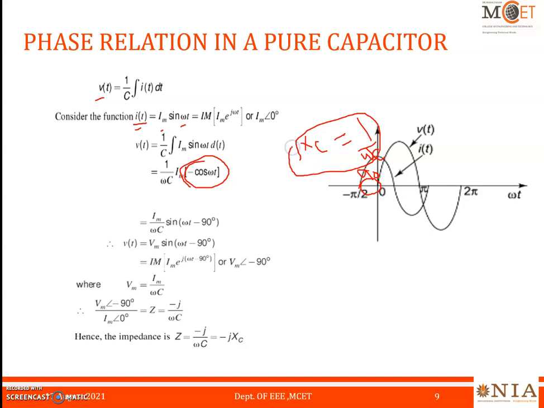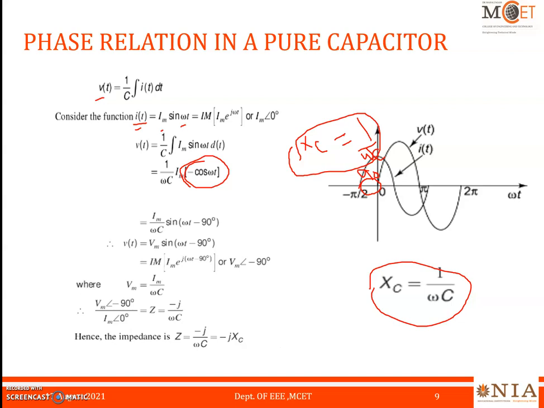When you have an inductor, you will have an inductive reactance, XL, which is nothing but omega L. In the same way, Xc here is nothing but 1 by omega C. So we come to a conclusion that in the case of a pure resistor, the voltage and current will be in phase with each other. In the case of an inductor, the current lags the voltage by 90 degree, and there you will have an inductive reactance of XL.